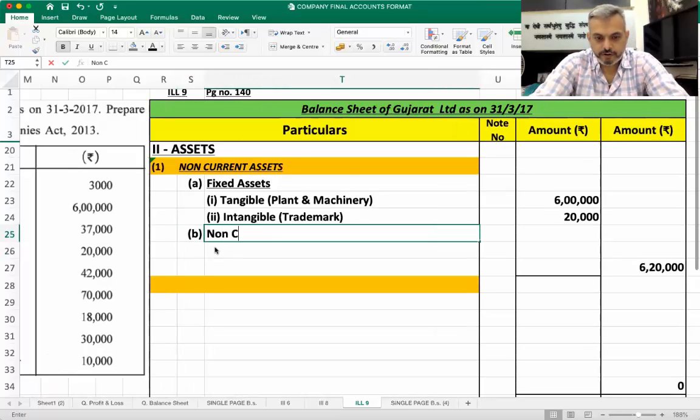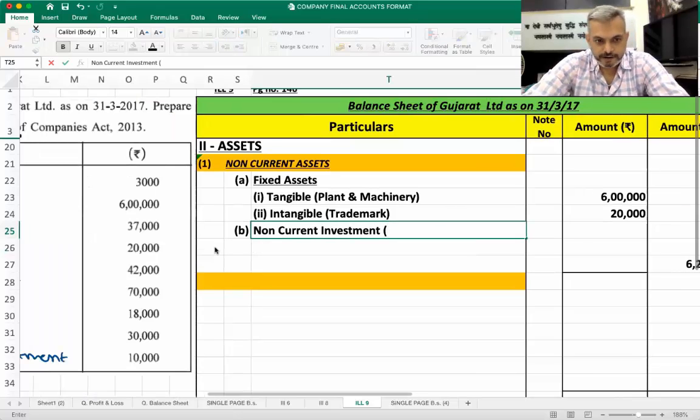Then non-current investment. Now in non-current investment, we have 10% Narmada bond. 10% Narmada bond. So amount is 70,000.